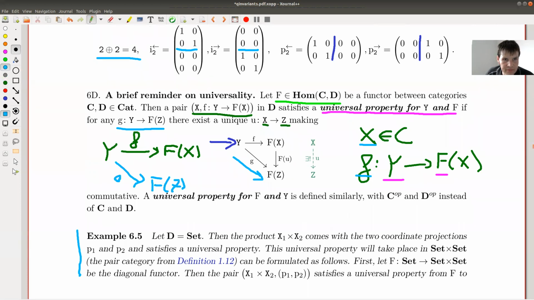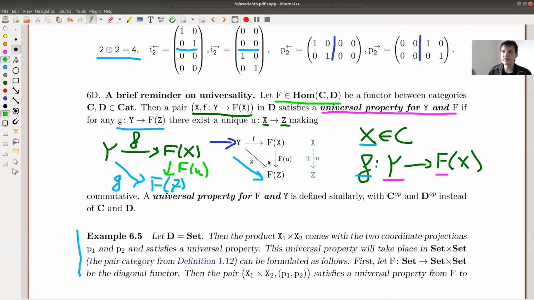And there's one way you could think of to make this diagram commute. You want to write down something, and the something is this f of u. And the universal property is saying that this u is unique. After you've chosen G, there exists a unique u making this diagram commutative. And that's the universal property for y and f.